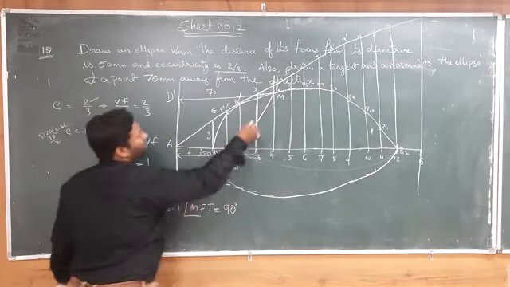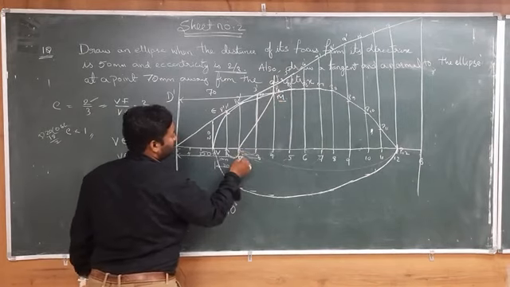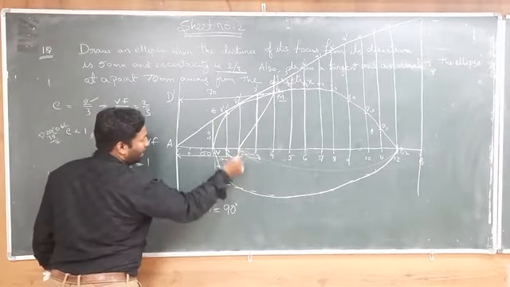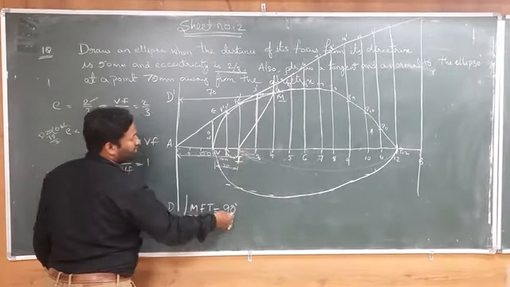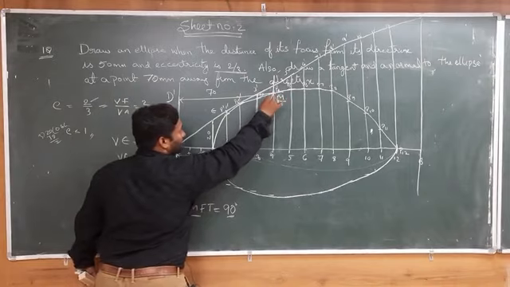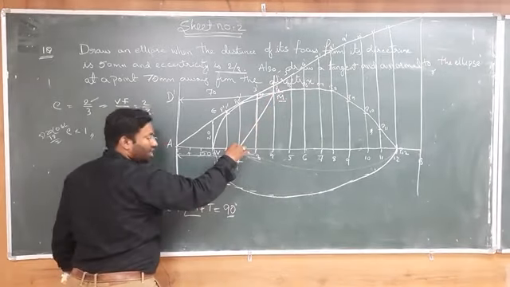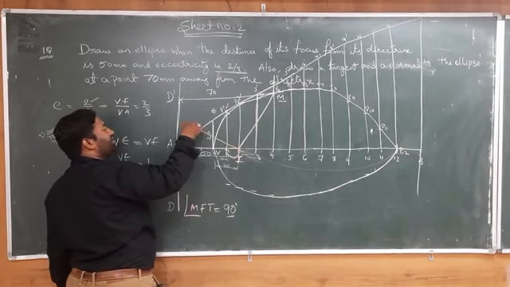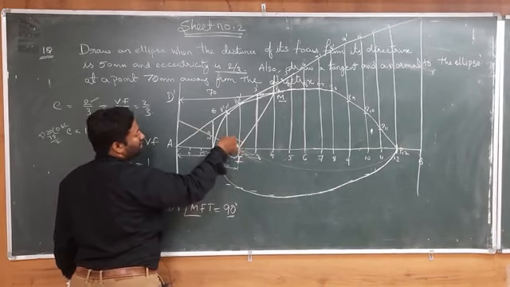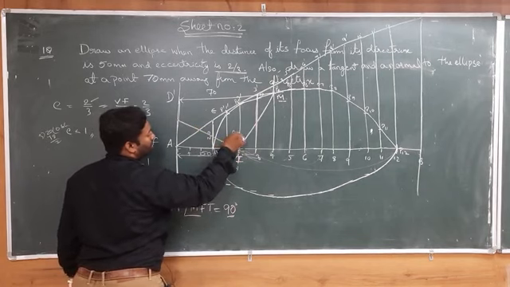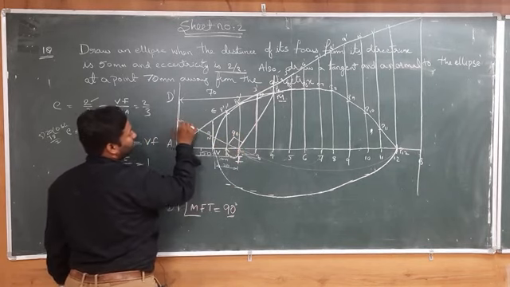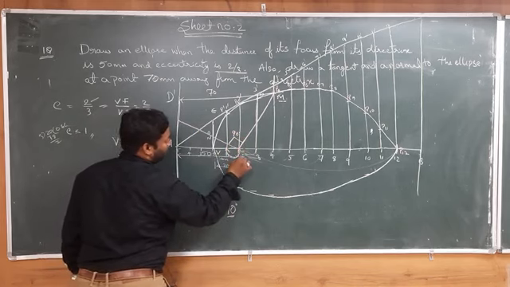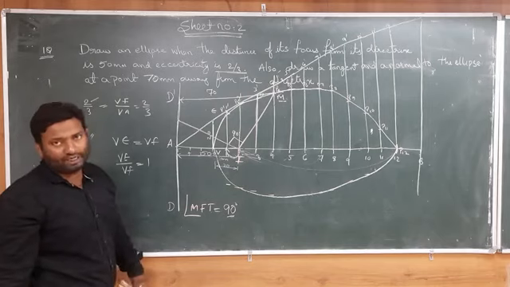So here I have a point M, I have a point F. Now I have to draw T, and the angle at F should be equal to 90 degrees. So with the help of the set square, I will mark a point T by making an angle of 90 degrees from F. So here I will draw an inclined line up to the directrix by making an angle of 90 degrees at point F.